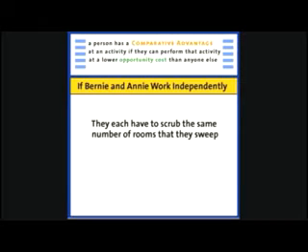What's the maximum number of rooms that Bernie can clean by himself? What's the maximum number of rooms that Ann can clean by herself? Remember, the numbers have to be equal for sweeping and scrubbing for Bernie, and the numbers have to be equal for sweeping and scrubbing for Ann. Well, the numbers that work for Bernie, as it turns out, are 2 rooms.